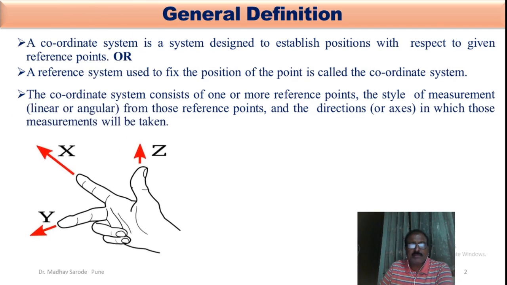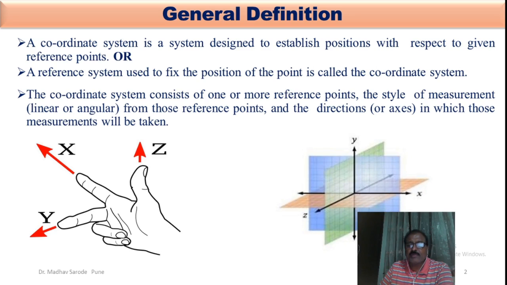Simply we say this coordinate system follows our right hand rule, with x, y and z Cartesian coordinates which are mutually perpendicular to each other. In the second figure we see the XOY plane, YOZ plane and ZOX plane. These three planes are mutually perpendicular.